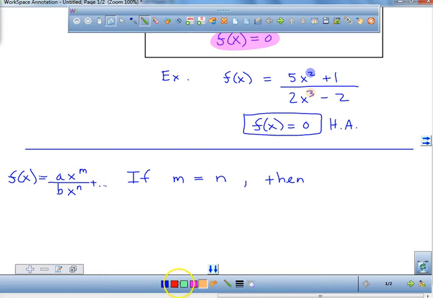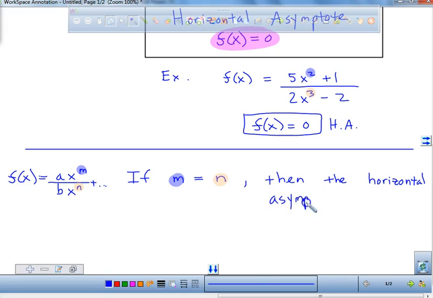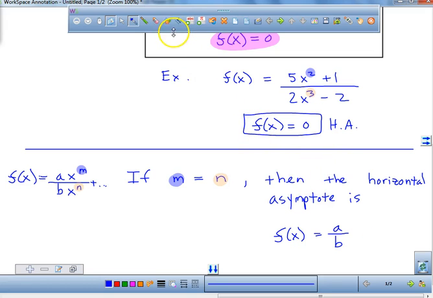If these exponents are exactly the same number, then your horizontal asymptote will always be whatever A is divided by whatever B is.